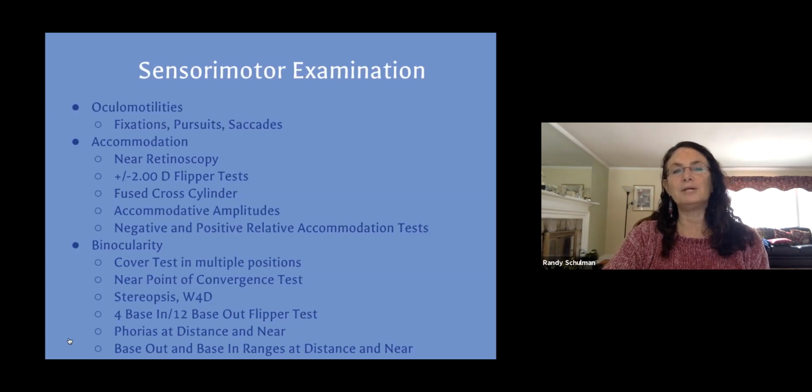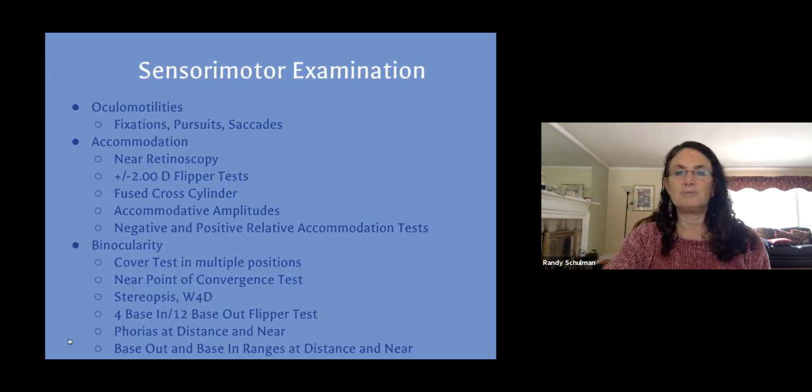We'll also be looking at a number of areas of their capacity to focus. So accommodative skills, as I mentioned, I always do near ret. You saw in all of the cases that I do plus and minus 2 flippers. I'll do a fused cross cylinder, accommodative amps, negative and positive relative accommodative tests. And then for the binocular skills, you saw we do cover test, NPC, stereo.